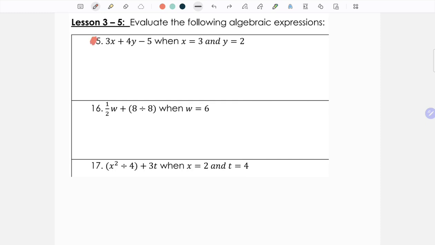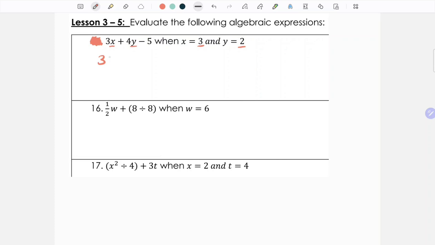In the first question 15 that we have here, we have two letters. We've got X and Y, two variables. We're going to replace it with numbers. So it says when we replace X with 3 and we replace Y with 2. 3x means 3 multiplied by X. So we're going to write that down here.